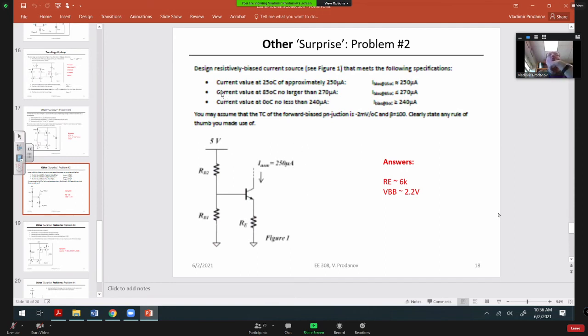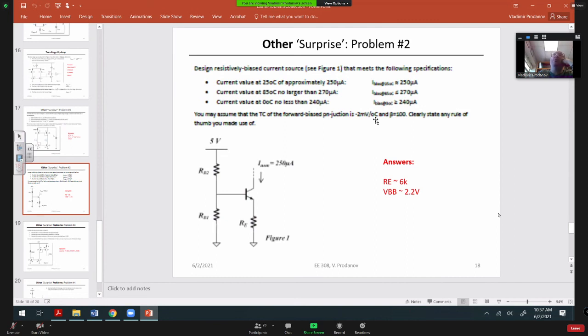Now go to one of the other cases and recognize, for example, if you go to this one, 85 degrees C, this is 60 degrees more than 25 degrees C. A 60 degree rise in temperature reduces your base emitter voltage by about 2 millivolts per degree C times 60, 120 millivolts.